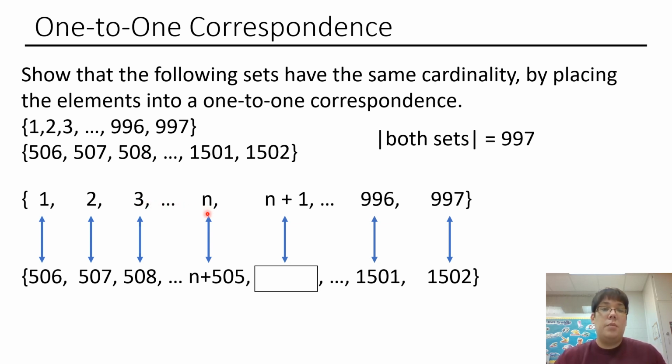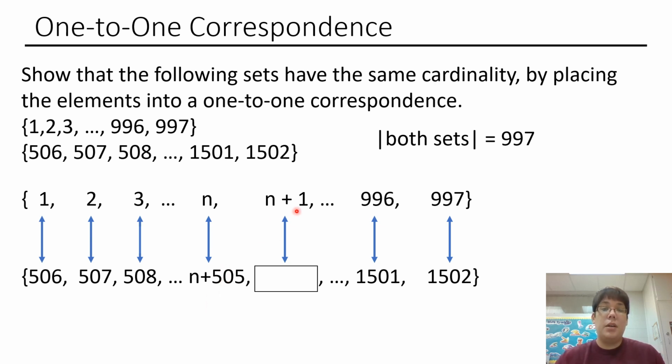So if this was number 4, this would be 4 plus 505, which would be 509, which is exactly the next number that comes in the set. So if I wanted to know what the 60th number was, that would be n, and I would just take 60 and add 505, and it would be matched up with 565.